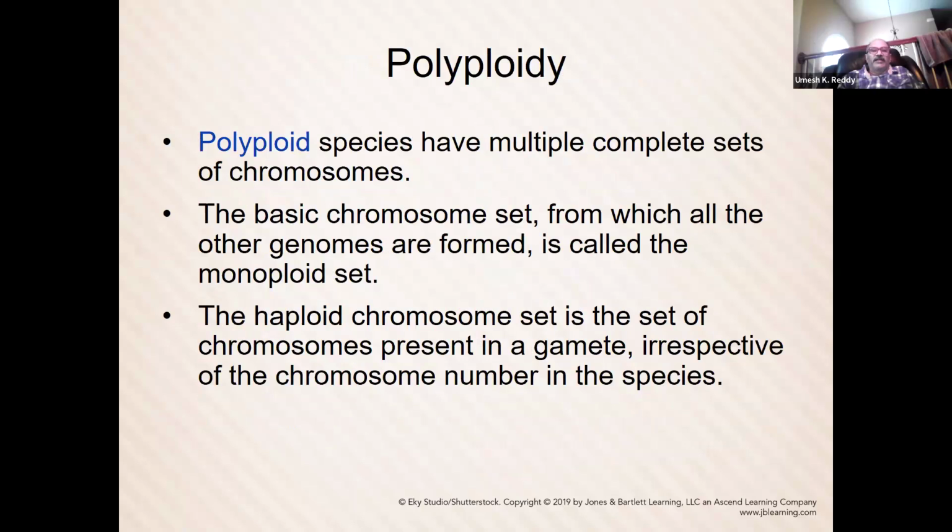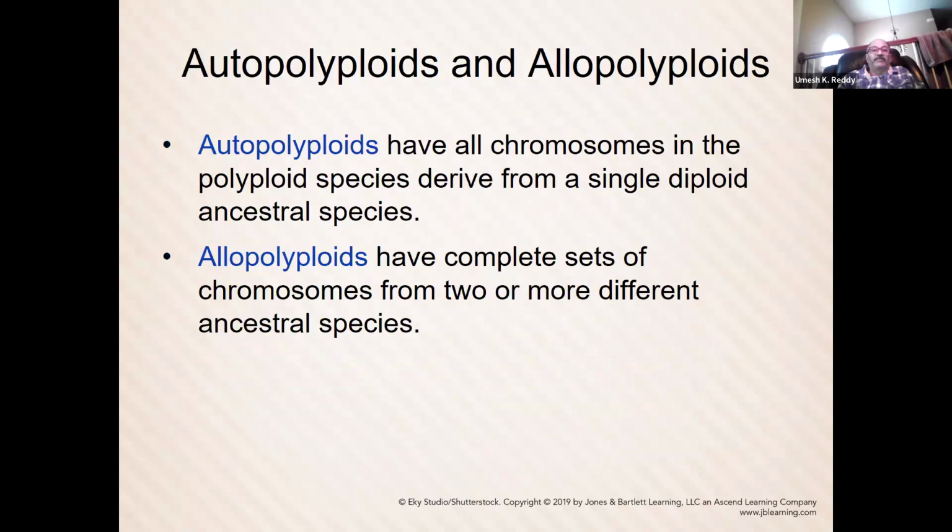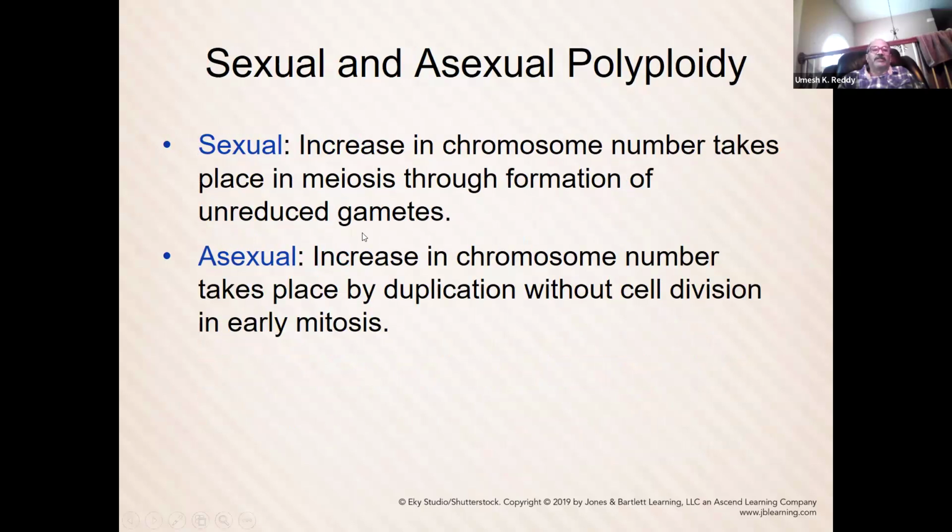So we discussed polyploid last class. What is polyploid? Having multiple sets of chromosomes. It can happen in an asexual way and a sexual way. And we discussed what happens in the sexual way. The gametes will not undergo reduction by meiosis. The gametes will be produced, as they are, with the somatic number of chromosomes.